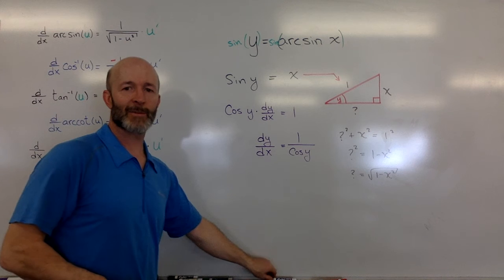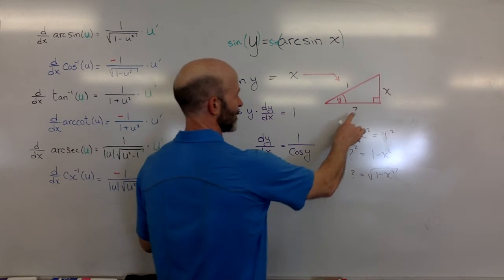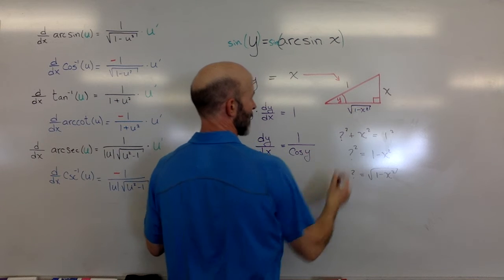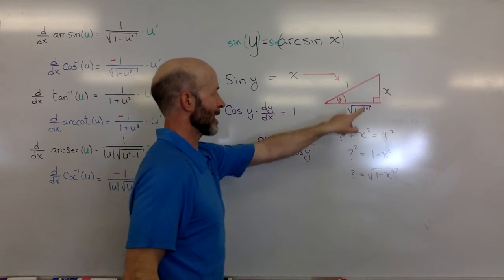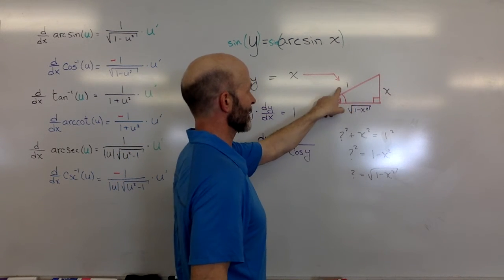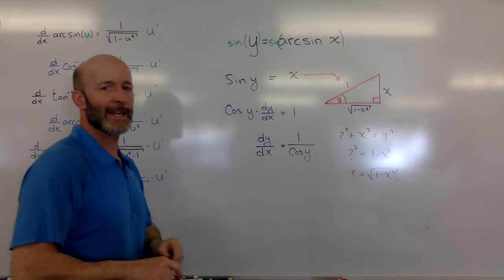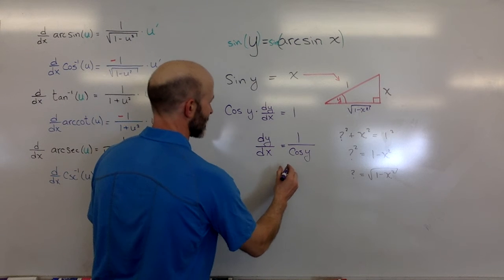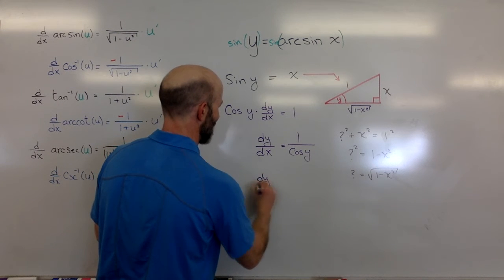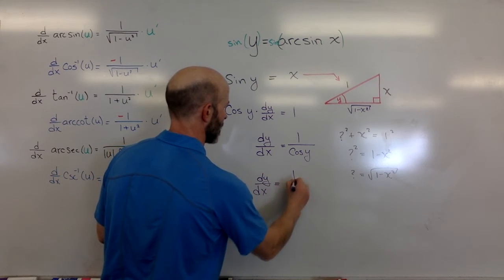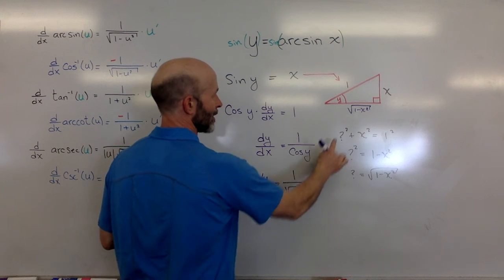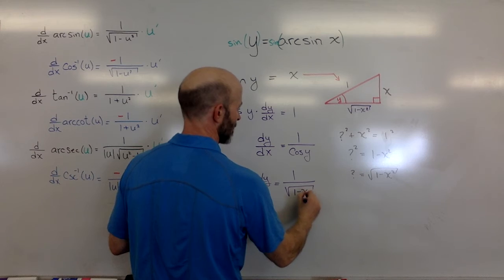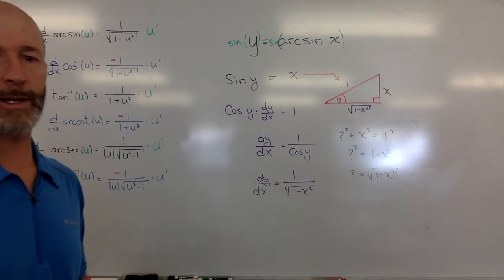Well, ladies and gentlemen, that brings us to a conclusion. The opposite being x and the hypotenuse being 1, if the third side is the square root of 1 minus x squared, that would mean that cosine of y is equal to the adjacent over the hypotenuse, or the square root of 1 minus x squared.